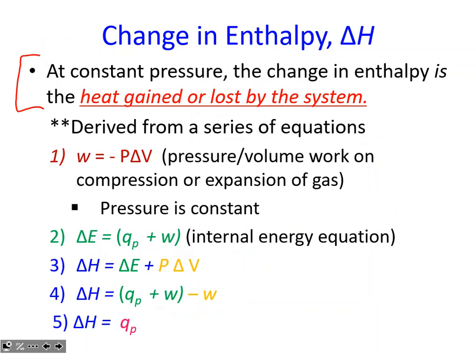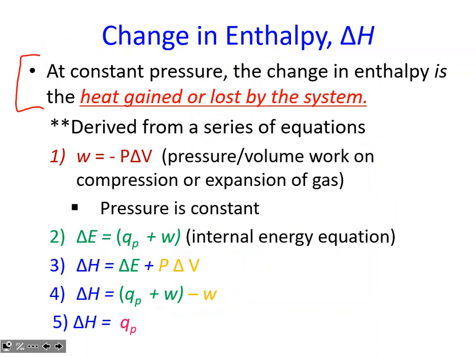There is a work equation that is used to calculate the pressure and volume, compression and expansion of a gas. Okay? And this is all done at constant pressure, pretty much at 1 atmosphere, the atmospheric pressure at sea level. Those kind of standard conditions. But what you'll see here is that equation, the work one, the internal energy equation.